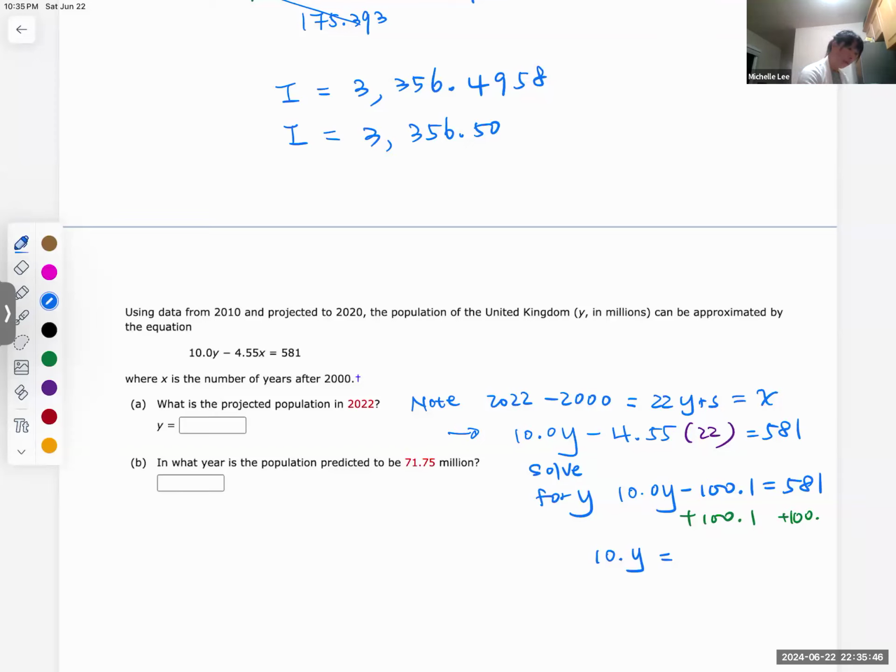So 581 plus 100.1, so it's 681.1. So divide by 10 on both sides. We get 68.11.